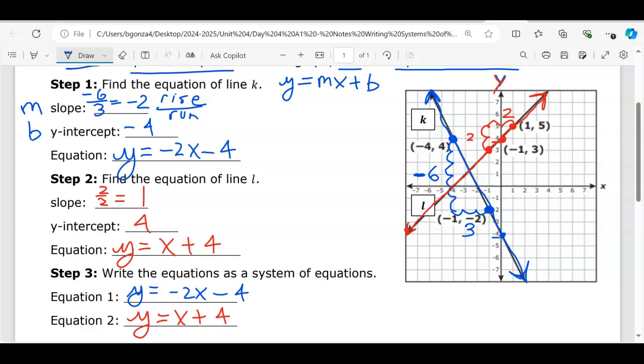So 1 second. Make sure you finish this, and we're going to do the next one in just a second.